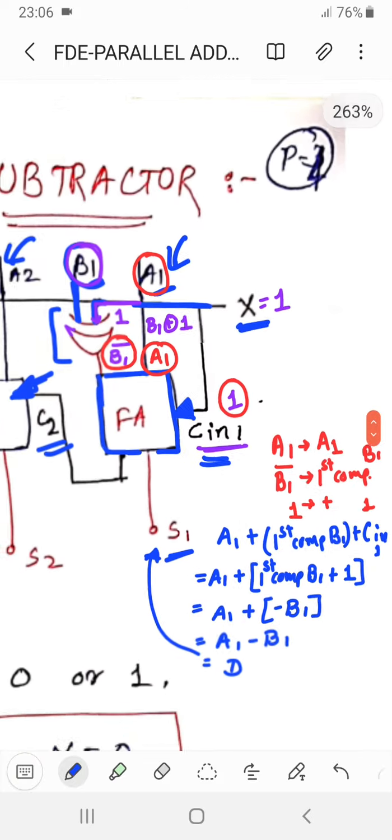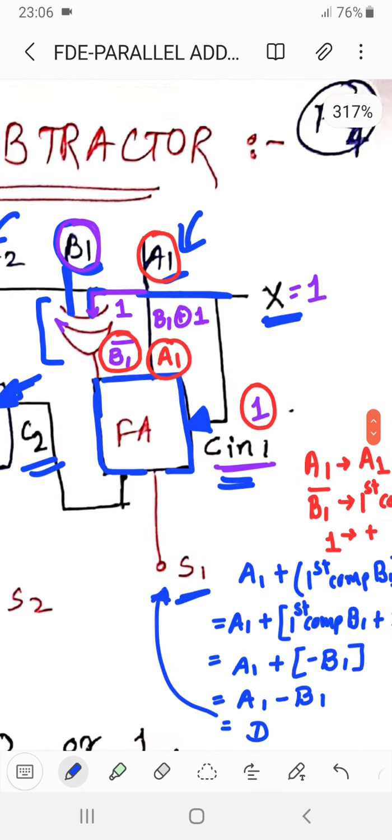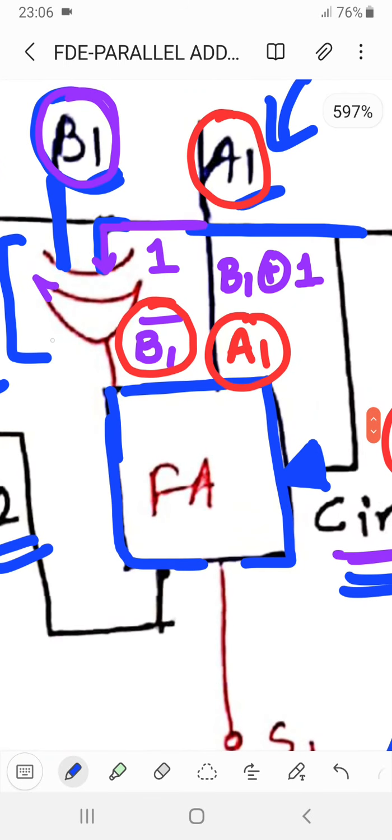I again repeat what happened here. You are given the second terminal of your XOR gate as a 1. Because this is 1, your B1 XOR 1 operation by the XOR gate gives B1 bar, or it is known as the first complement.